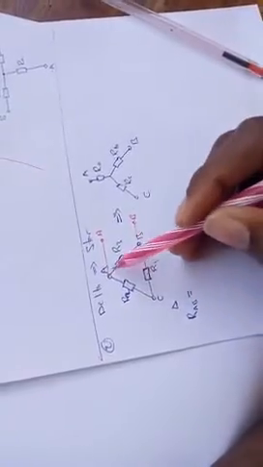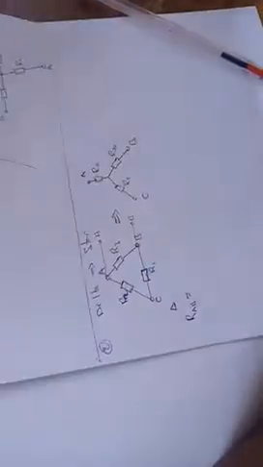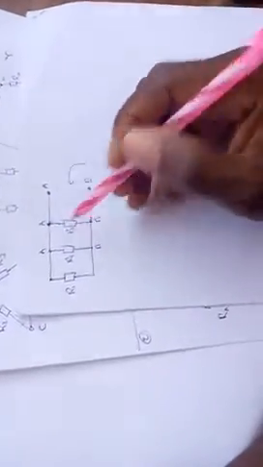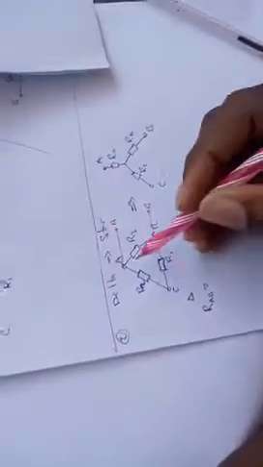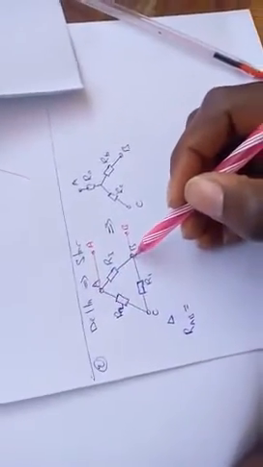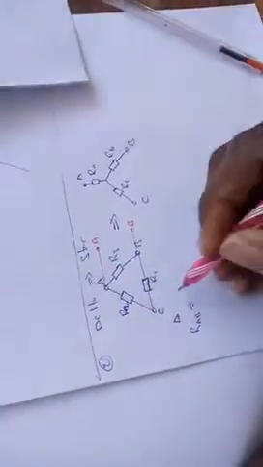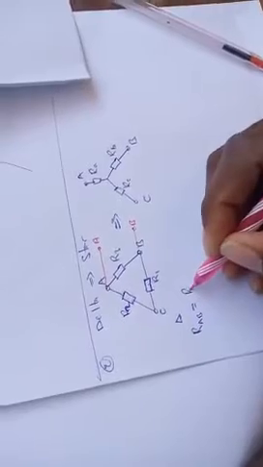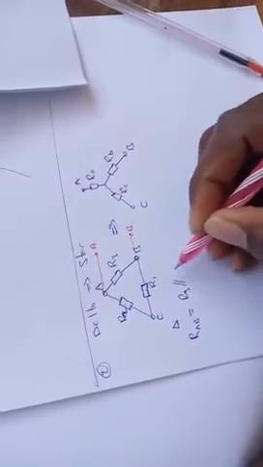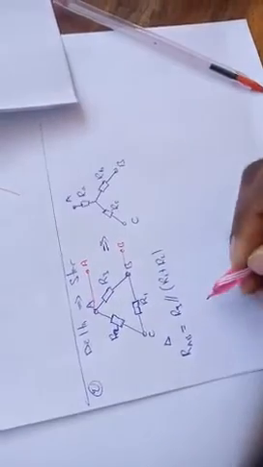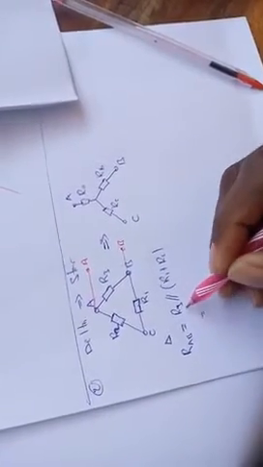Since we are sharing two terminals A and B, this resistor is in parallel with these two which are in series. That is R3 in parallel with R1 plus R2, which I can express like this.